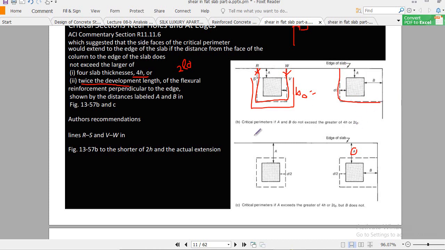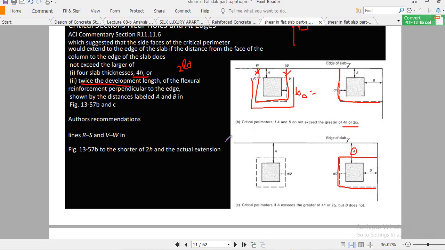If the criteria don't satisfy, that is, the critical parameter of A and B do not exceed the greater of these two, then as usual we calculate the beta naught. But if A, this side, fulfills these two criteria and this side doesn't, then your parameter will now start with this one. Now it will be this one. This is very important, okay?